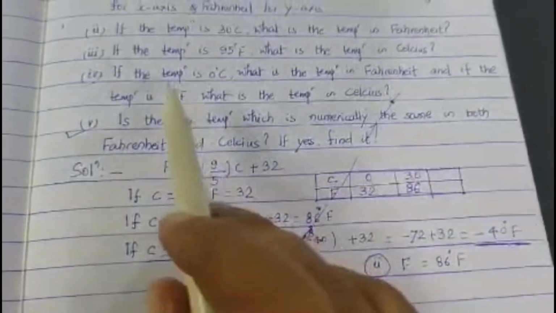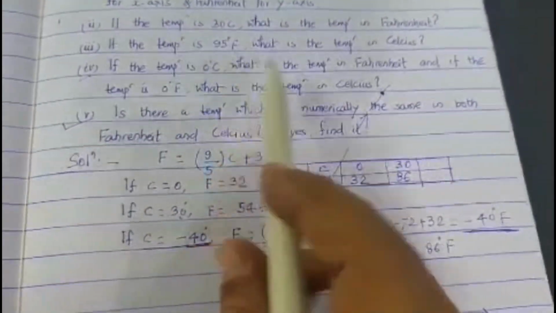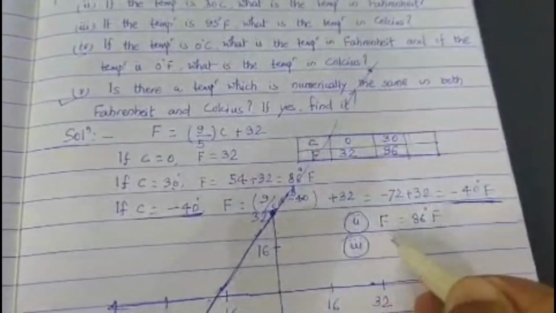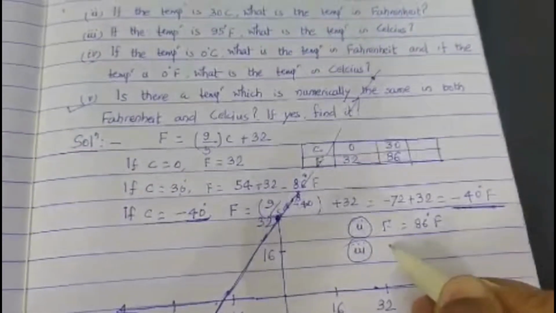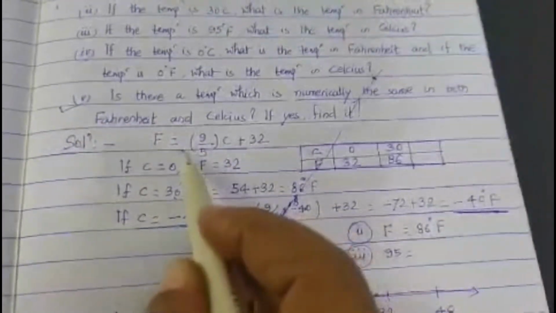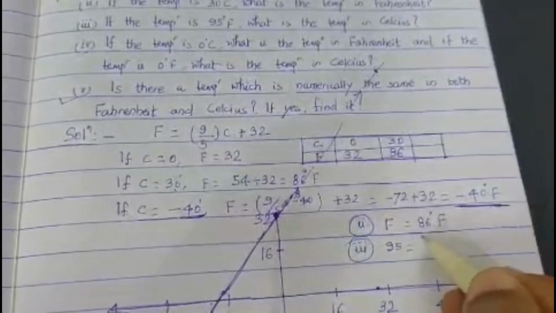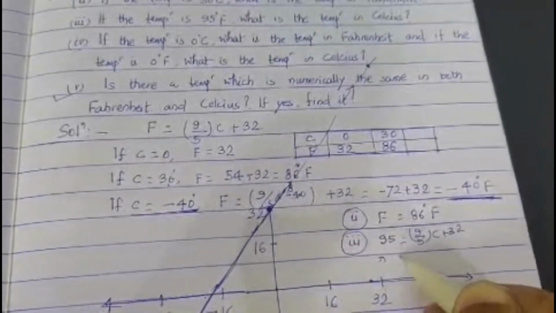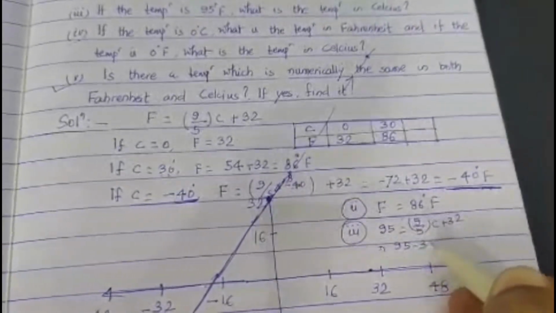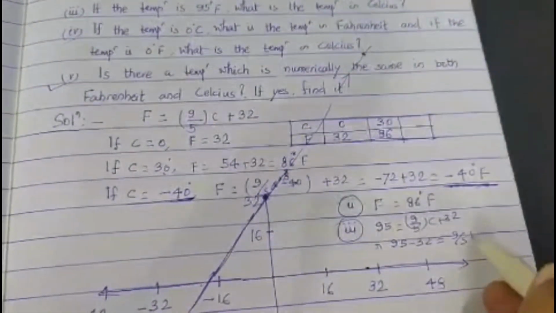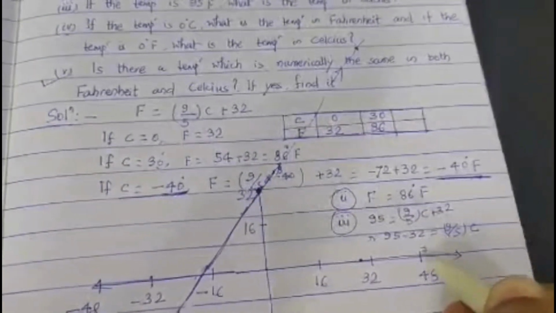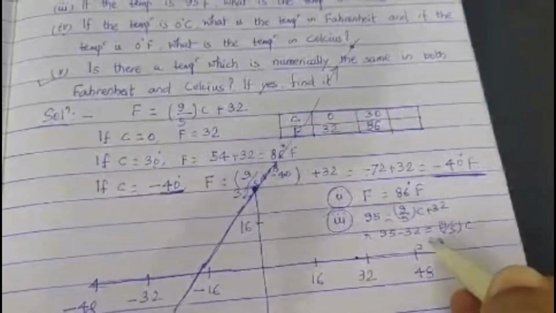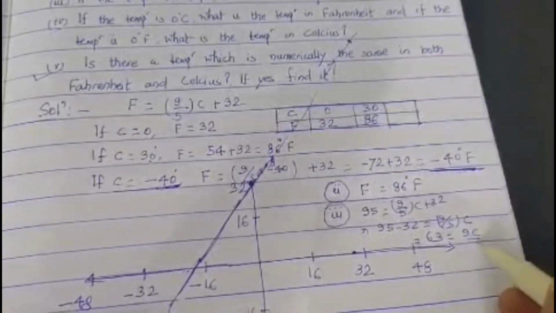Now what is the third one? If the temperature is 95 degrees Fahrenheit, what is the temperature in Celsius? So now we will take 95 here. We put 95 in this equation: 95 is equal to 9 by 5 C plus 32. This implies 95 minus 32 is equal to 9 by 5 C. This implies 63 is equal to 9C by 5.